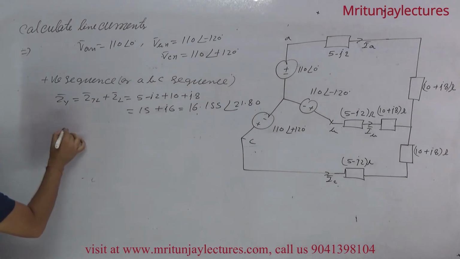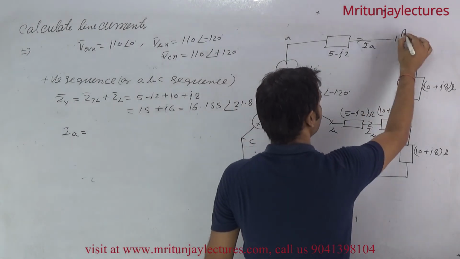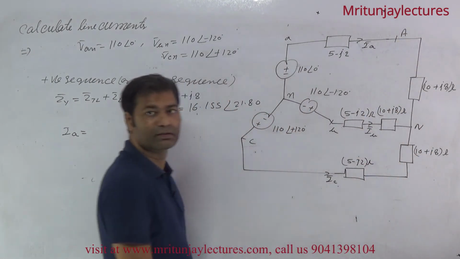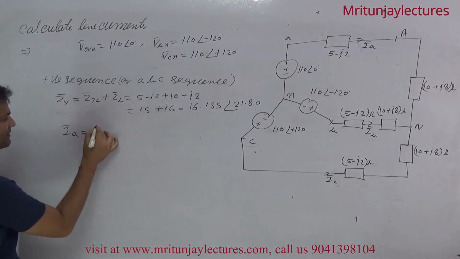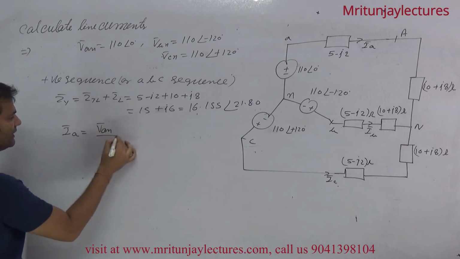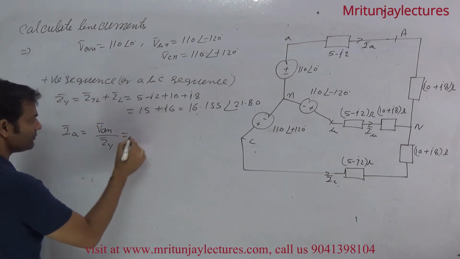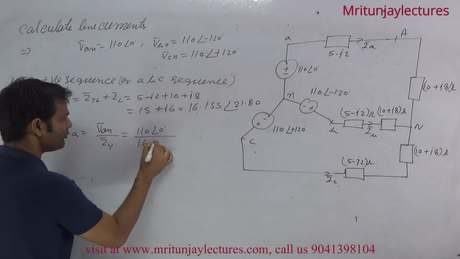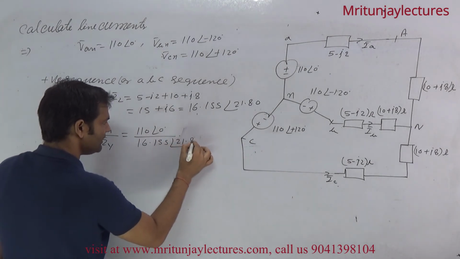What about IA? If written as IA, that is capital A, this one is small n, and that is capital N. Now IA is written as VAN divided by Z star. So 110 at the angle 0 divided by 16.155 at the angle 21.80.